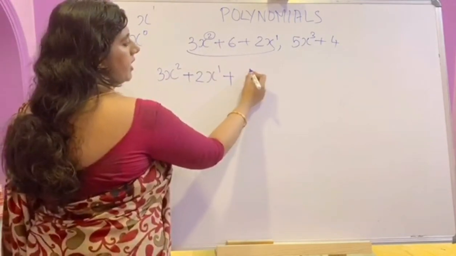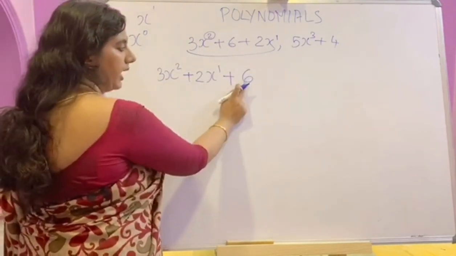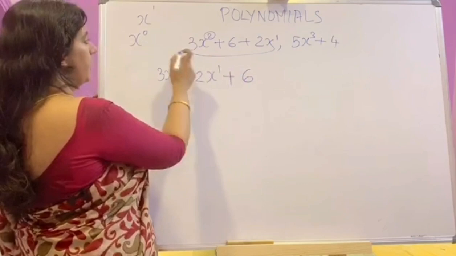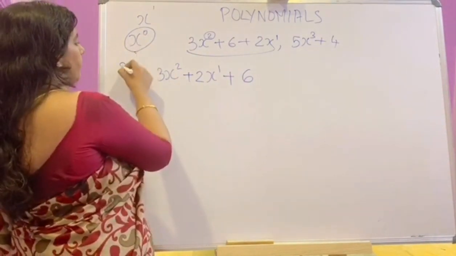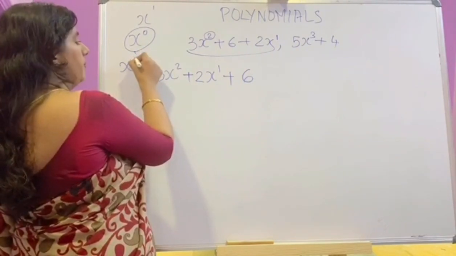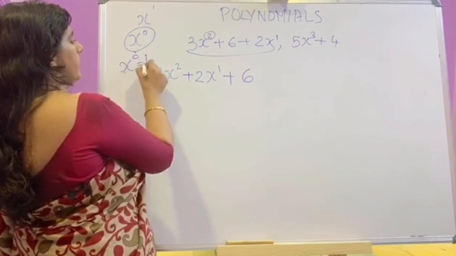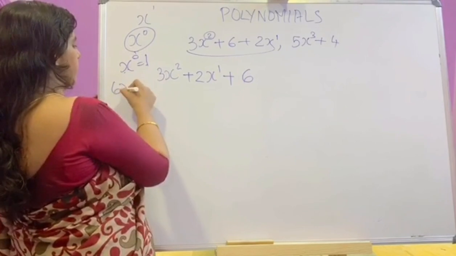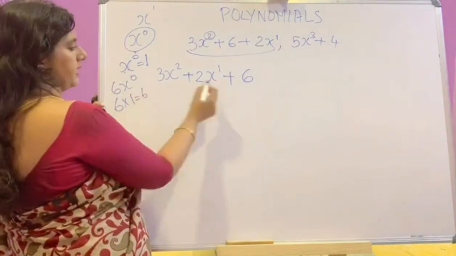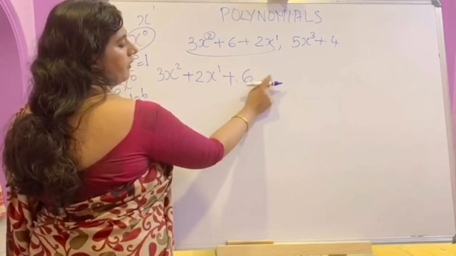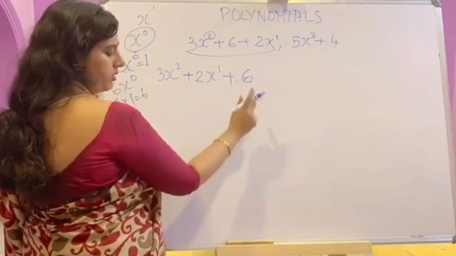Here we have 6 here. Actually along with this constant there is a variable, because any number raised to 0 is 1. x raised to 0 is 1. So 6x raised to 0 means 6 into 1, which is 6. That is why here we can't see the variable part, only the constant part.